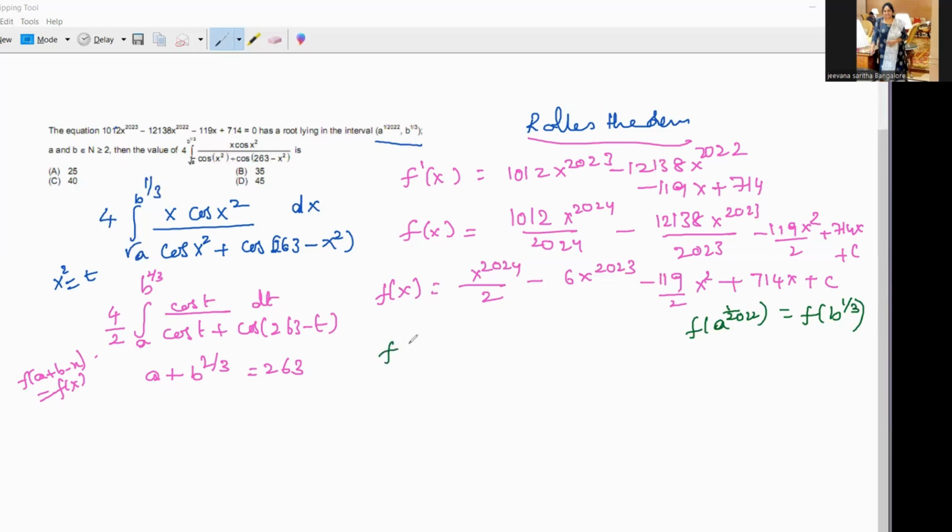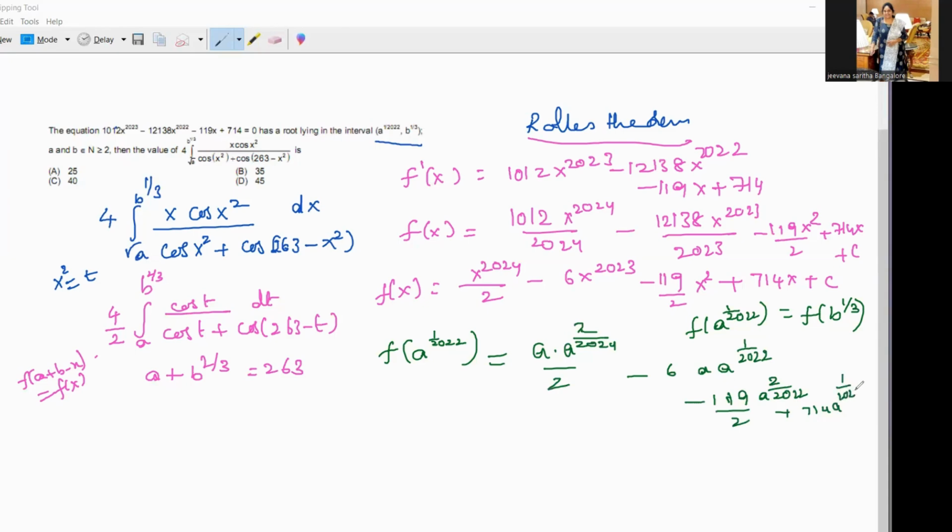So f of a raised to 1 over 2022: plugging this in, a into a raised to 1 over 2024 divided by 2022 will be 2 by 2024, divided by 2 minus 6 times a into a raised to 1 over 2022, minus 119 a raised to 2 over 2022 by 2, plus 714 a raised to 1 over 2022, plus c.